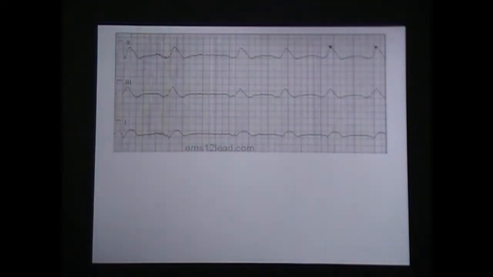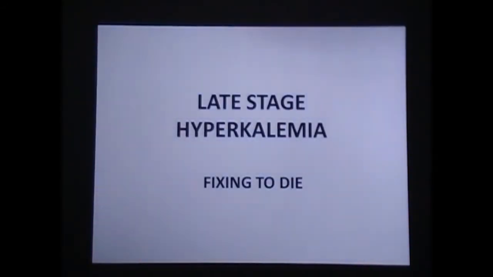And it turned out his K was 6.7, that is new onset. As soon as they started correcting that, boom, everything started tightening up, P's came back, and so forth. And that one's fixing to die. The funny one, the one near the Naval Air Station, had great pulses, great blood pressure, but it literally looked like a sine wave, and you're like, how is that happening?